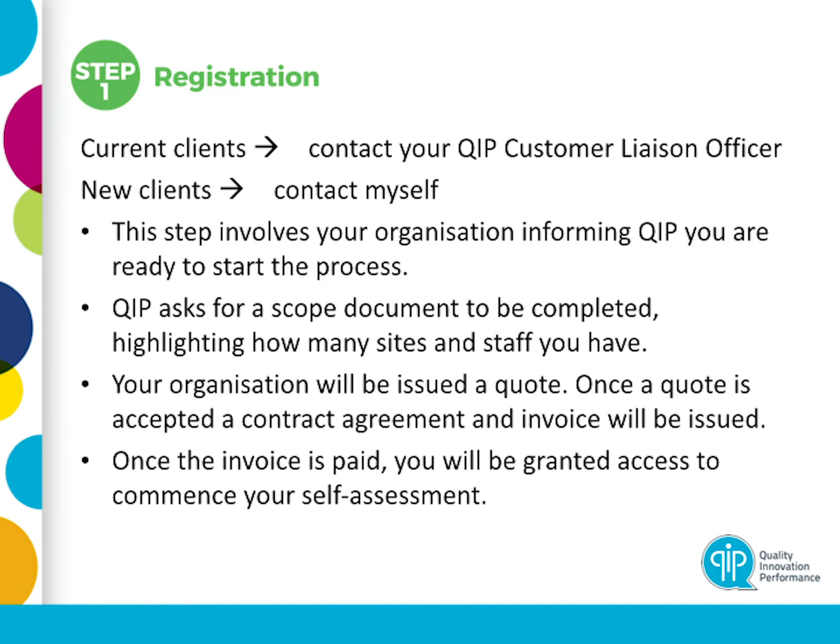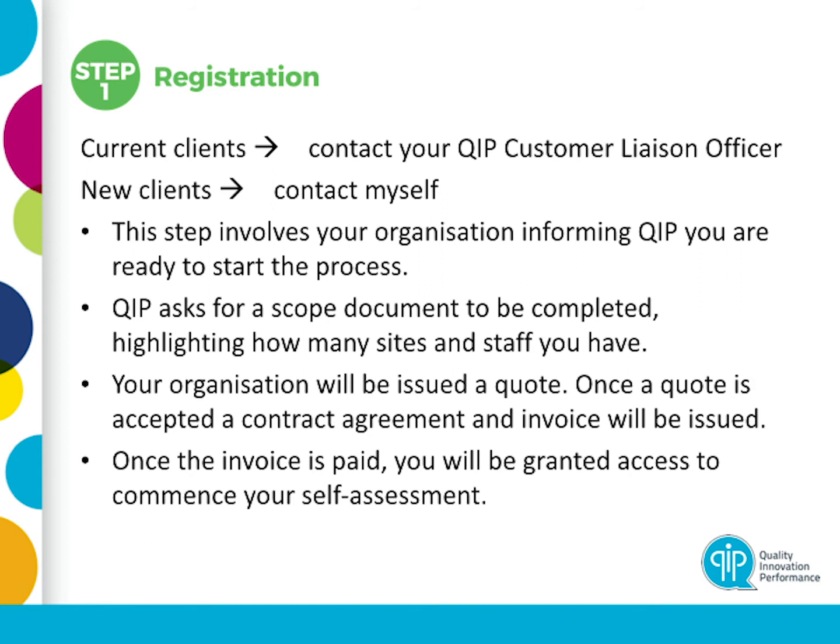So what that would involve is getting a scope document completed, and it'll have the information about all of your sites, how many staff you have, how many clients you have, and where exactly your sites are located and what services you deliver.